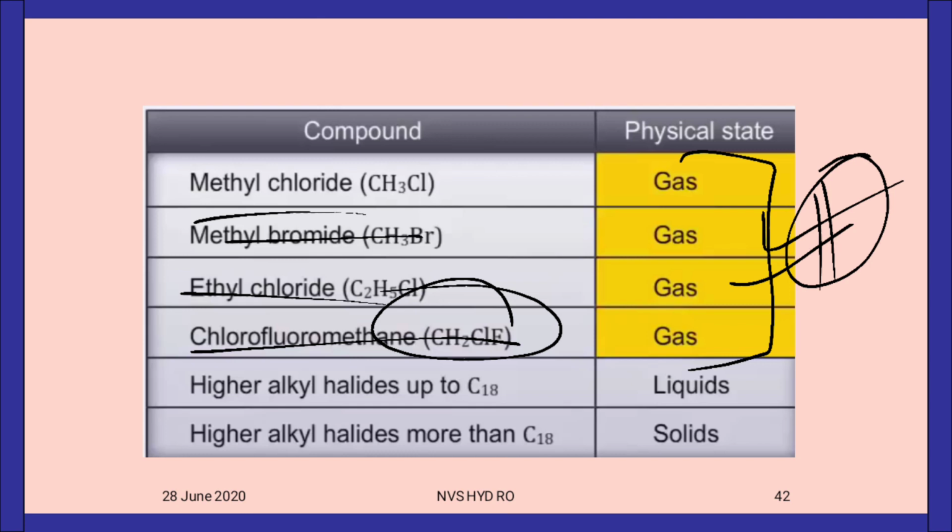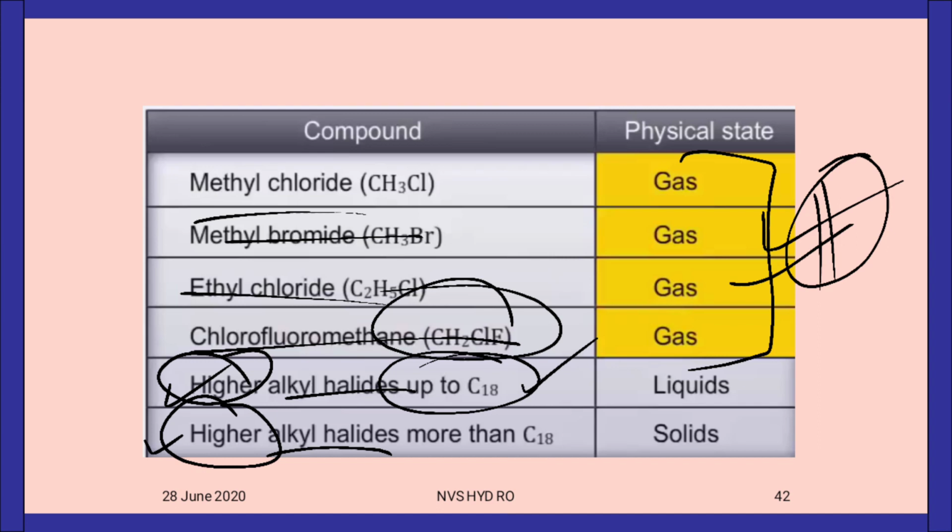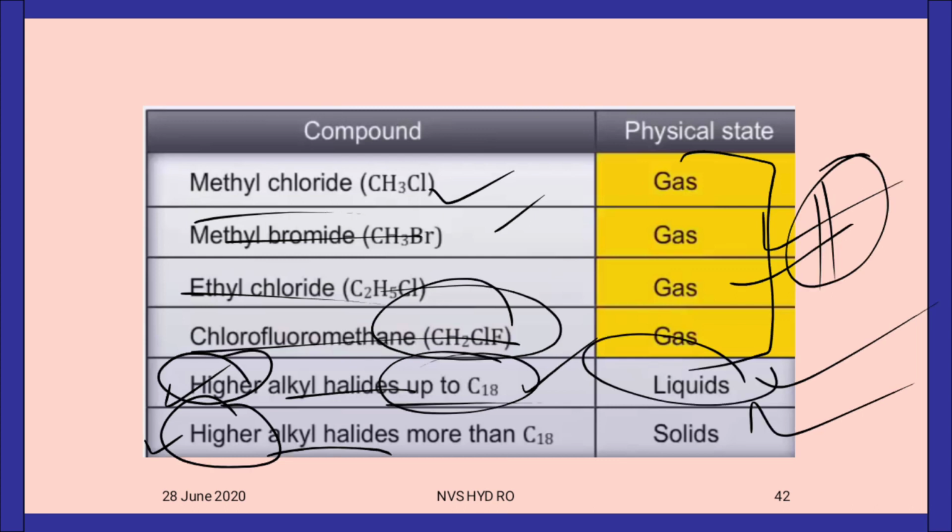However, some may be liquids and others may be solids, but these are preferable when these are higher alkyl halides up to carbon 18, when the chains are large. If the alkyl halides are up to carbon 18, meaning 18 carbons in a chain, of course that becomes very heavy and hence the physical states become solids and liquids, but maximum of these are gases only.